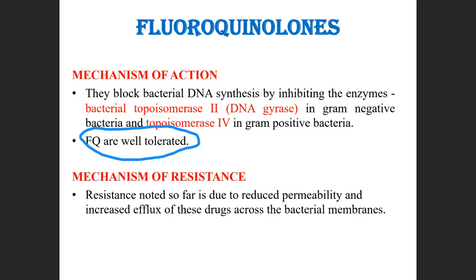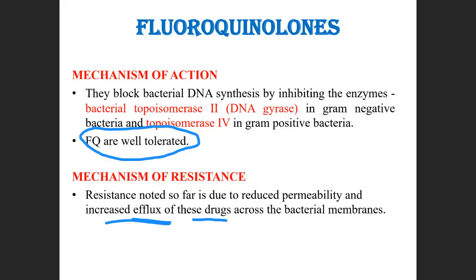Mechanism. Resistance noted so far is due to reduced permeability and increased efflux, where the bacteria cross the bacterial membrane, the antibiotic, the efflux mechanism or the enzymatic activation, how they are forming resistance. So here, what I was telling, this is because of the increased efflux mechanism.